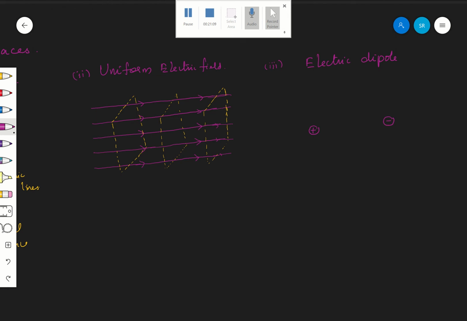So if you are drawing the field lines like that, positive to negative, you can draw so many.